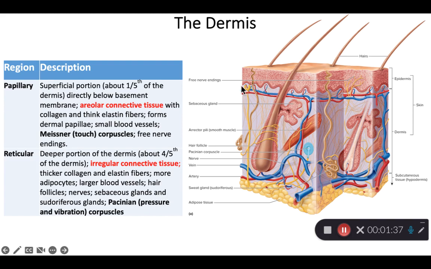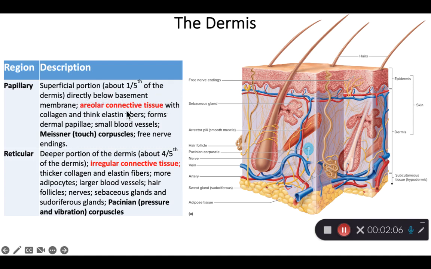So just beneath that is the papillary region. Notice that it's only 1/5 of the dermis, so that's about 20%, whereas the rest of it, the 80%, is this deeper reticular region. So, papillary region, superficial, 1/5 of the dermis, directly below the basement membrane, primarily areolar connective tissue.